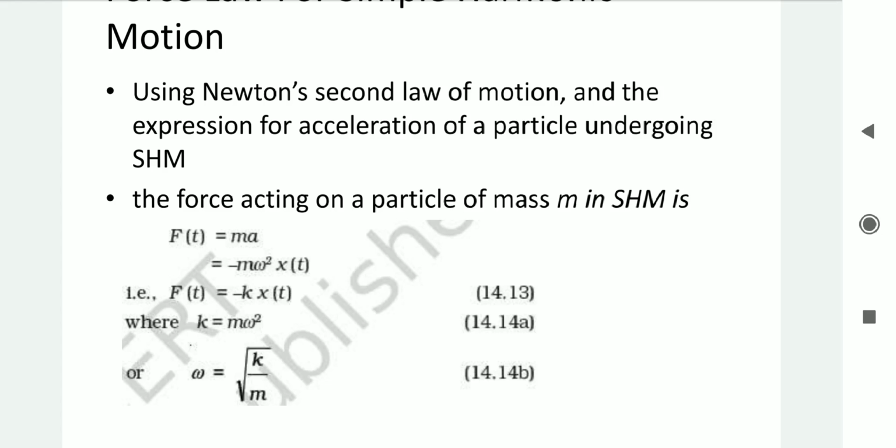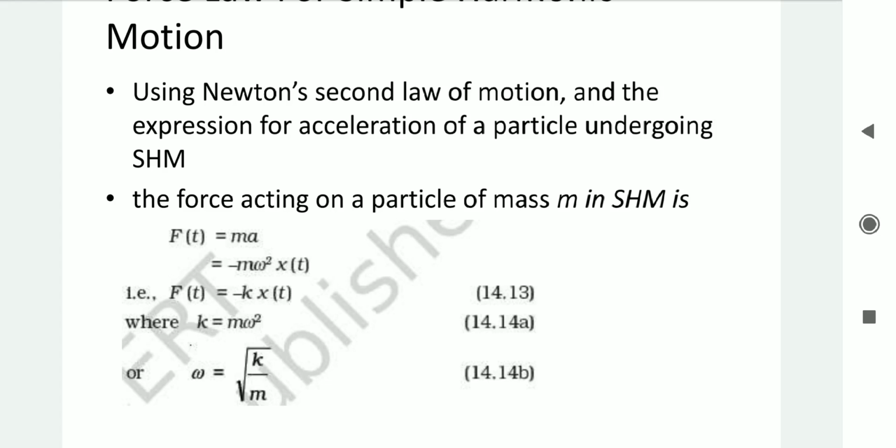The opposite process is also possible: by integrating the force equation two times, we get the displacement equation x of t. By focusing on the force equation, it shows that force is linearly proportional to x of t.